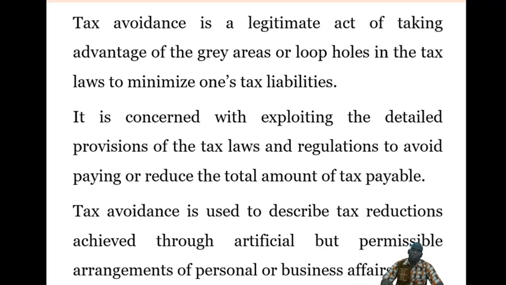Therefore, tax avoidance is used to describe tax reductions achieved through artificial but permissible arrangements of personal or business affairs. Very key words I've used here. Tax avoidance is used to do what? To describe tax reductions that are normally achieved through what? Artificial, but what? Permissible arrangements of personal or business affairs.